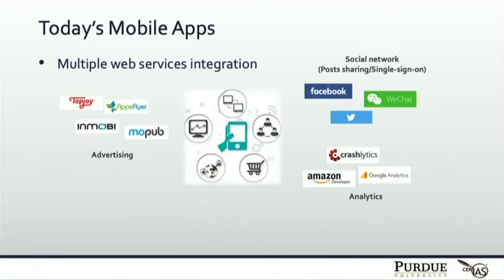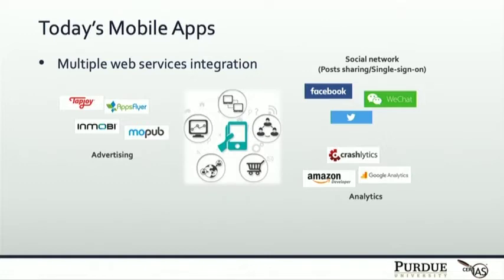Okay, as we know, today's mobile applications are more composed than written, meaning that there are many third-party libraries integrated into the apps. It is very common that an app may integrate some ad libraries, like Mobi, AppsFlyer, etc. for monetization. Also, the app could integrate a variety of social network SDKs.